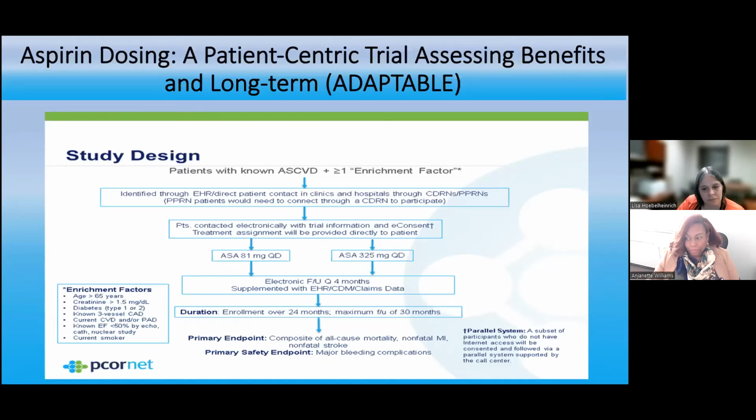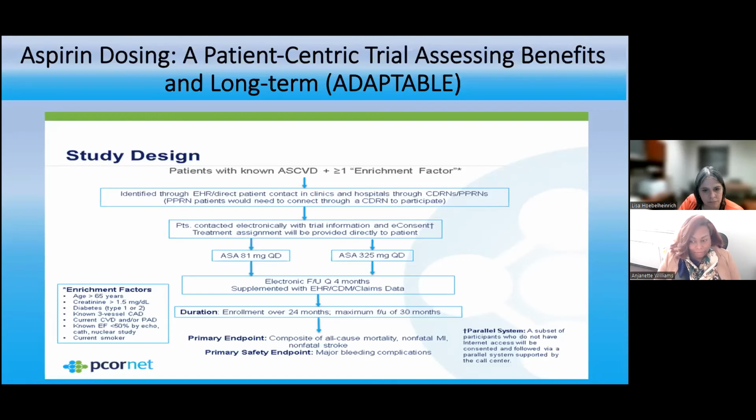So we identified the patients in a Heron environment, and then the patients are contacted electronically through email, and they will be routed to a portal which was purchased by PCORnet, and Duke University was managing that.